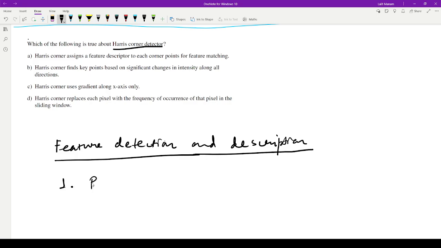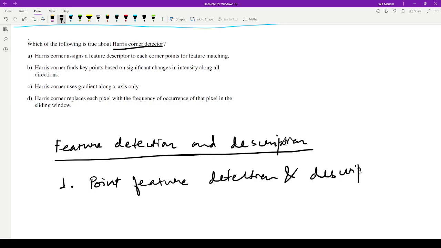First is the point one. I mean, you are trying to find a single point in an image, detect it first and then describe it. So I would say it has point feature detection and description.